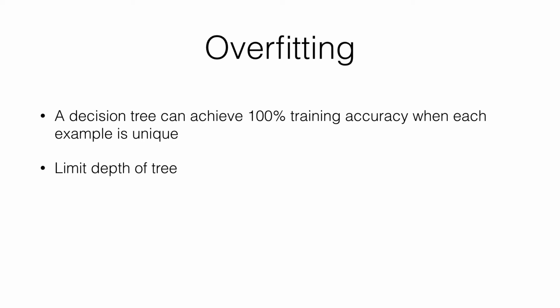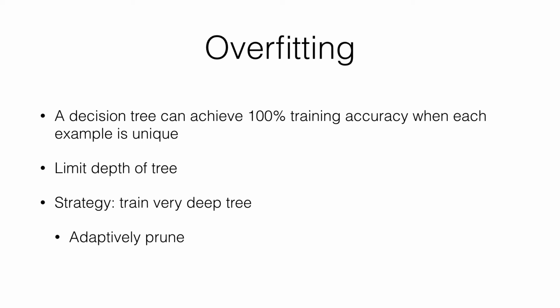So another strategy, which is pretty compatible with the idea of limiting the depth, is you just train a very, very deep tree, possibly all the way to 100% accuracy, and then you adaptively prune the tree, which may be using strategies like pruning the tree by particular branches, or just chopping it off very coarsely by each level.